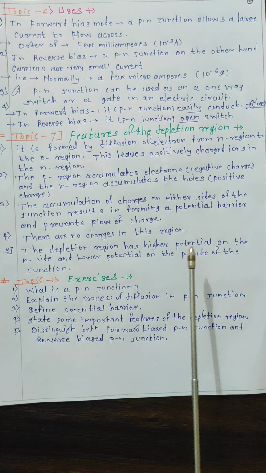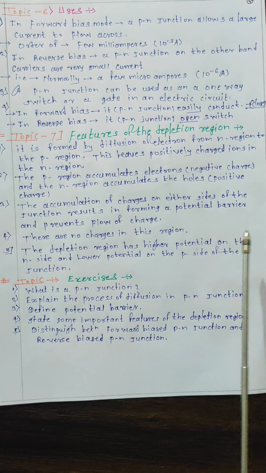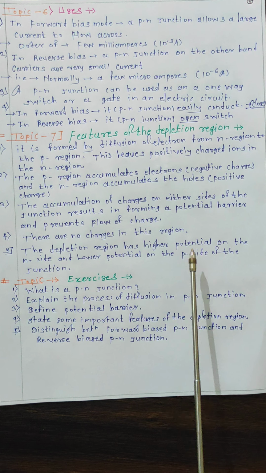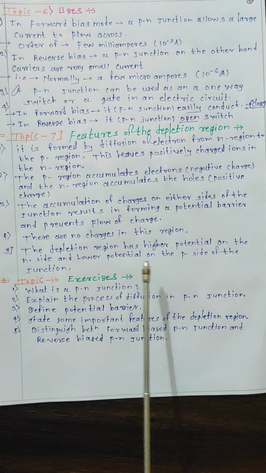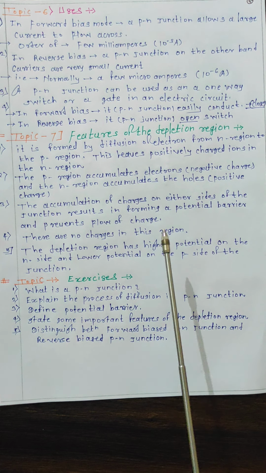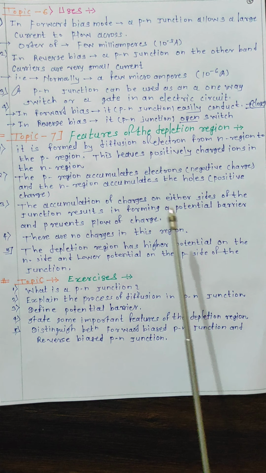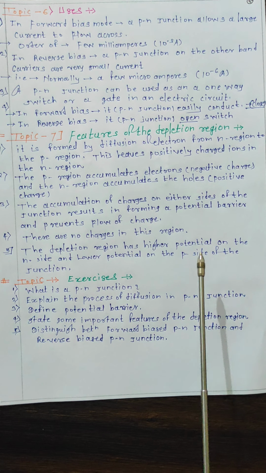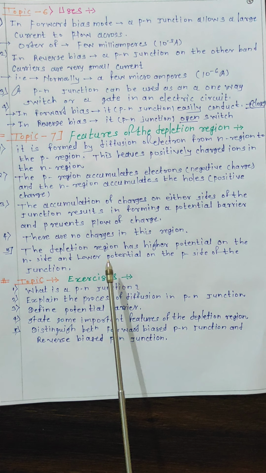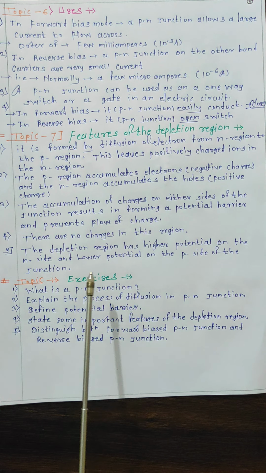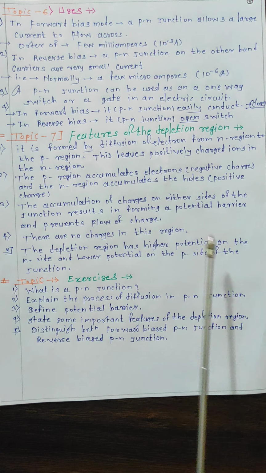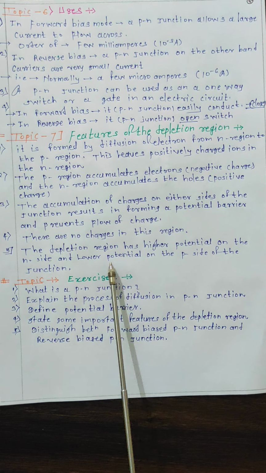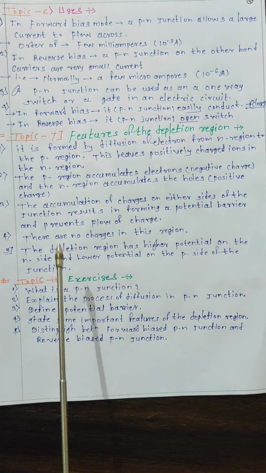That means at that condition, the depletion region is formed with higher potential on the N side and lower potential on the P side, because on the N side there is a formation of positive ions and on the P side there is a formation of negative ions. So the potential on the N side is higher than the potential on the P side.